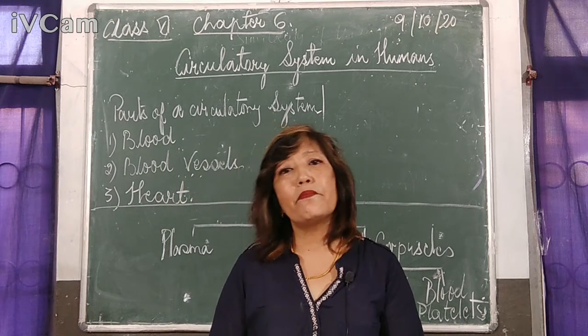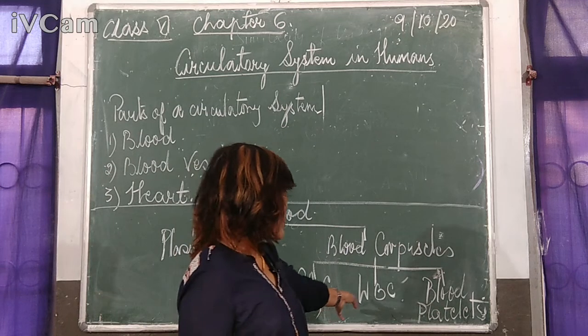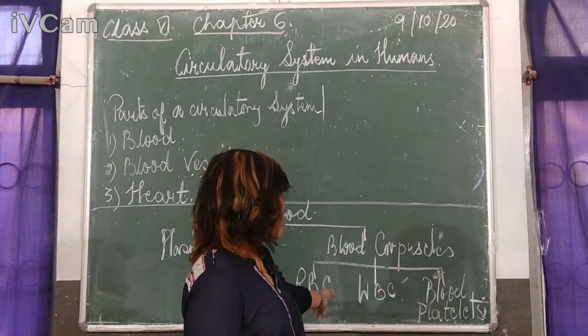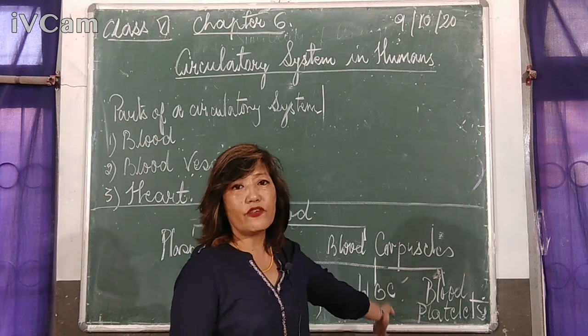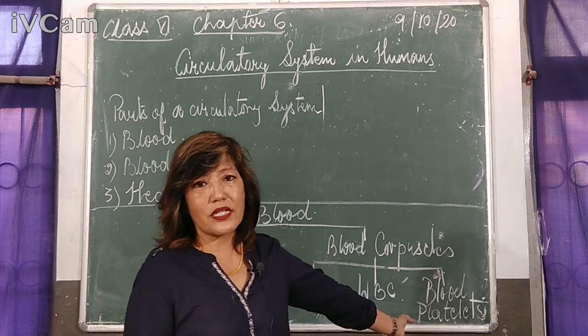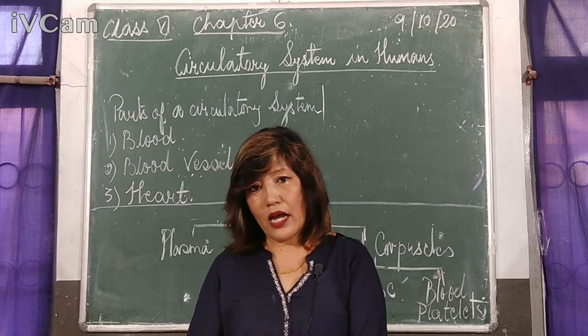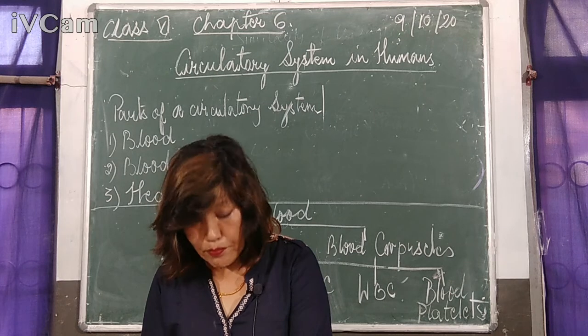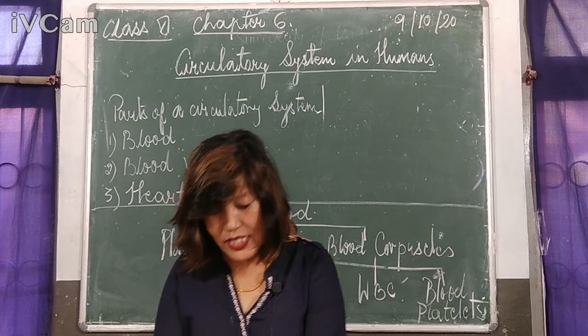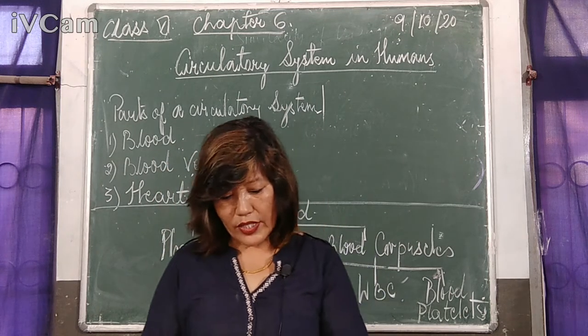So if you compare these three components of blood, red blood cells, white blood cells, and blood platelets, you can see that in your textbook on page 63. Okay, so let's do that.